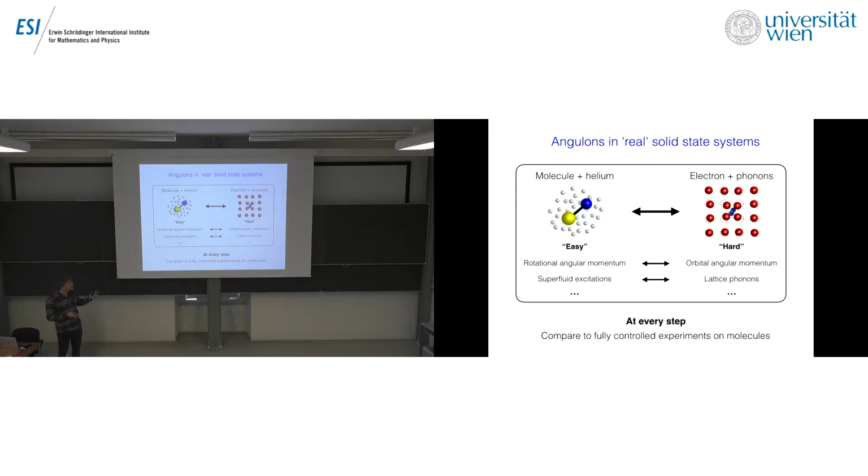What we would like to do is write some kind of universal Hamiltonians that would, in principle, allow us to understand the basics and maybe to draw parallels between rotational angular momentum and orbital angular momentum, and how it gets transferred to excitations in a superfluid or to lattice phonons, because the fundamentals are not that different, right? Although these communities pretty much don't know of each other's existence, probably.